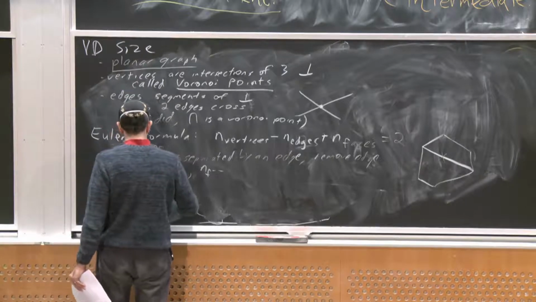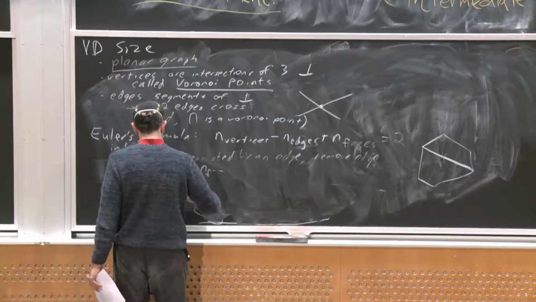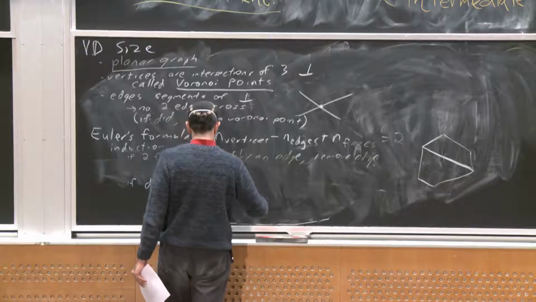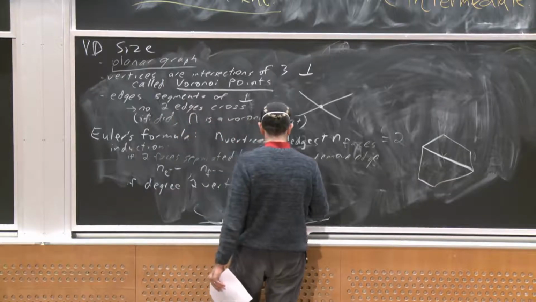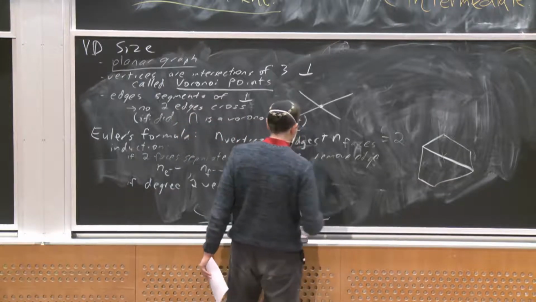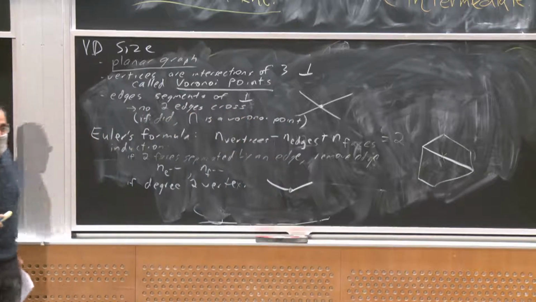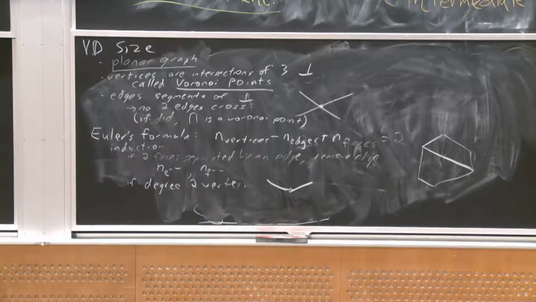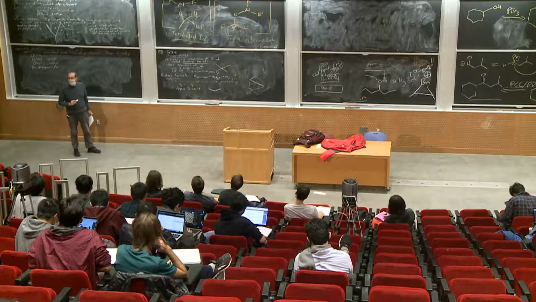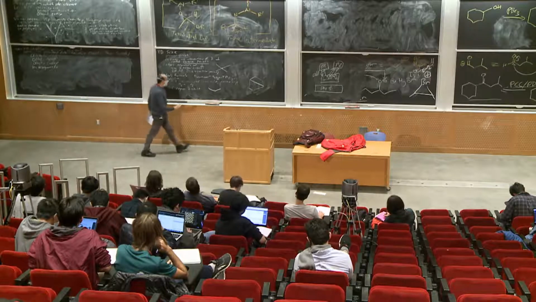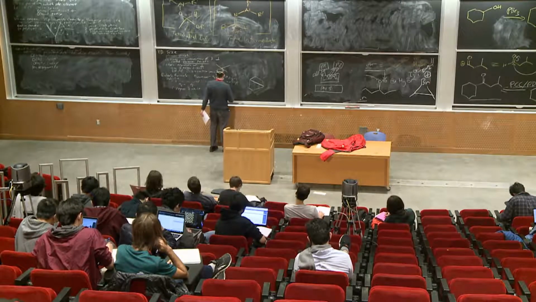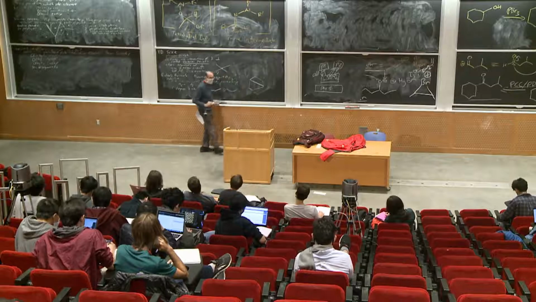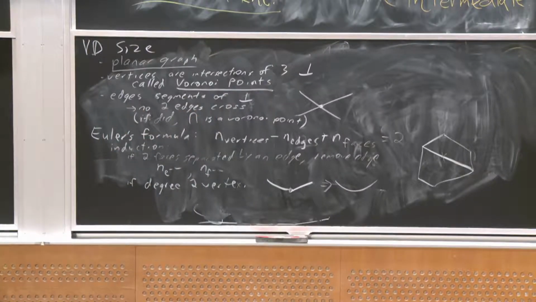If we have a degree 2 vertex, okay, how can we simplify? Yeah? Well, it's not about merging faces. We'll just remove the vertex and turn it into one edge.